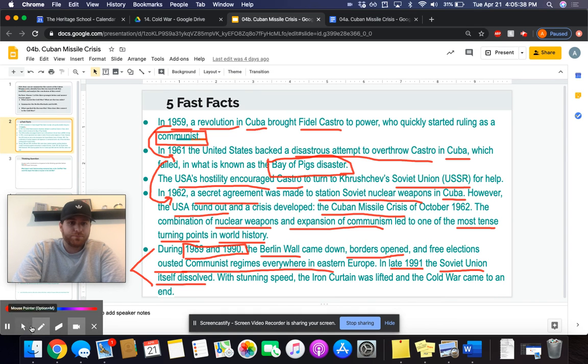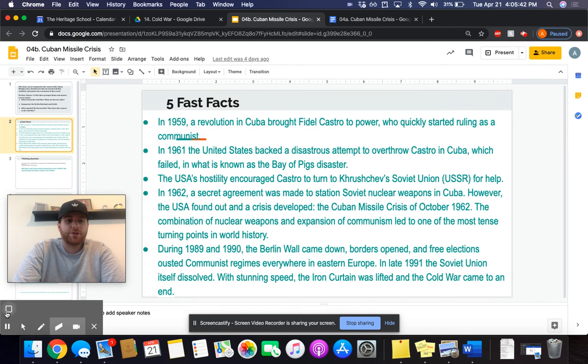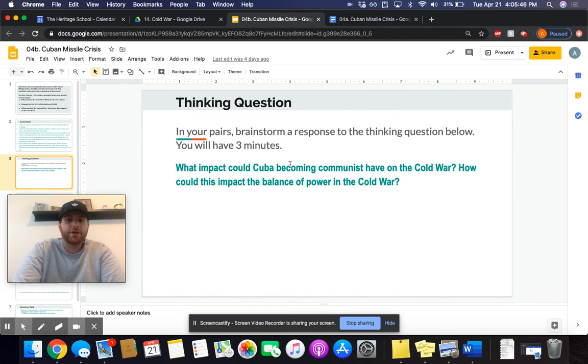So what you guys are going to be doing today, you have a thinking question on your paper to get you going. It's printed on your paper, and it's trying to think about this power dynamic. What impact could Cuba becoming communist have on the Cold War? How could this impact the balance of power in the Cold War? I'm going to ask you to keep coming back to the geography behind this situation.